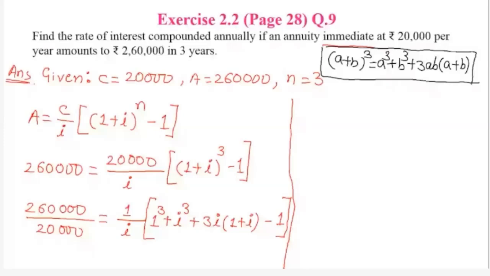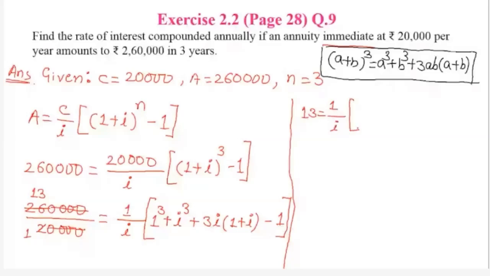Surely. Now, here, let us do this division. 4 zeros are gone. 2 ones are 2. And 13. Correct? So 13 is equal to 1 upon I in square bracket.